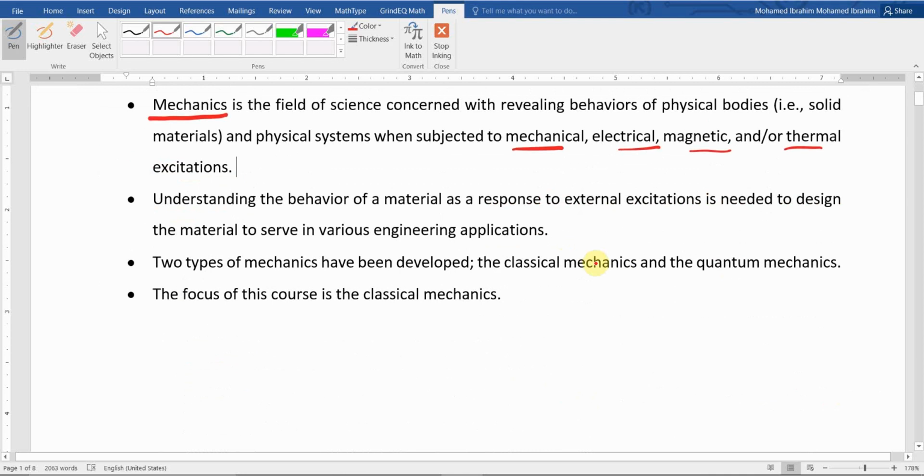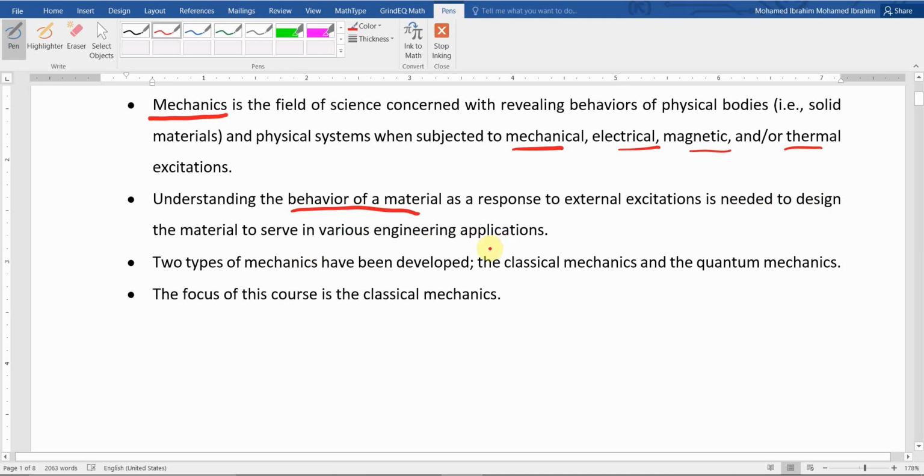All right. So understanding the behavior or the mechanics. When we say behavior, it means that we are talking about the mechanics of these materials as a response to some external excitation, which is needed to design this material to serve in various engineering applications.